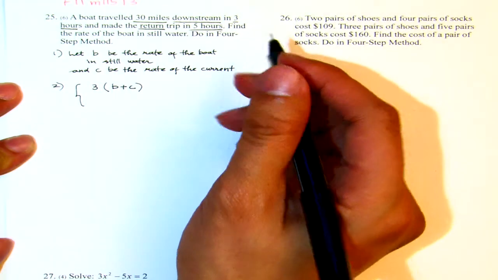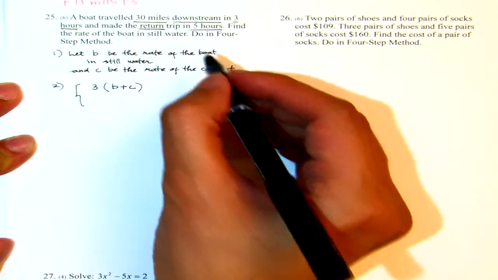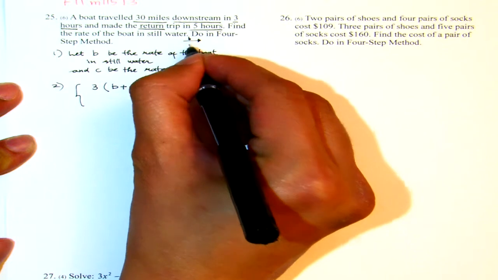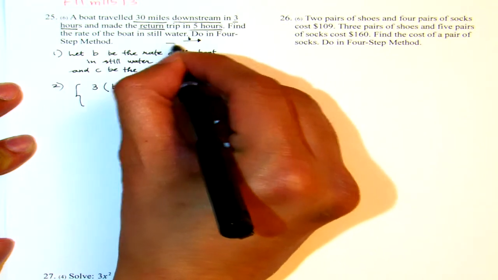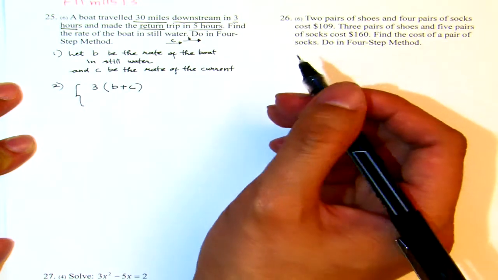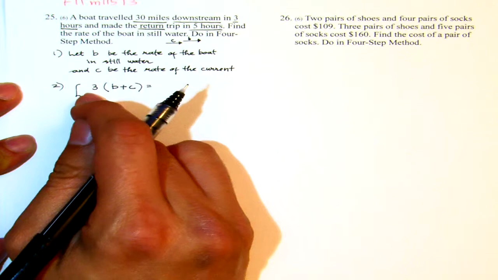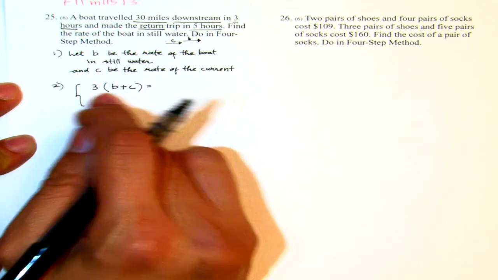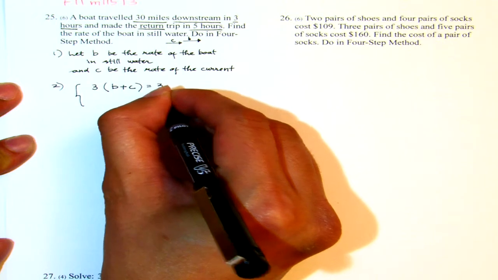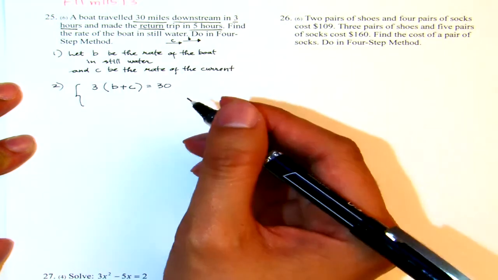You go downstream means if your boat goes in that direction and the current pushes the boat, then it gets faster, right? And the rate times the time is the distance. In this case it is 30 miles, and that gives us the first equation.